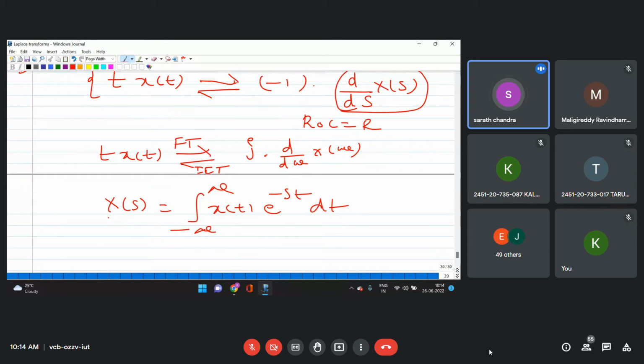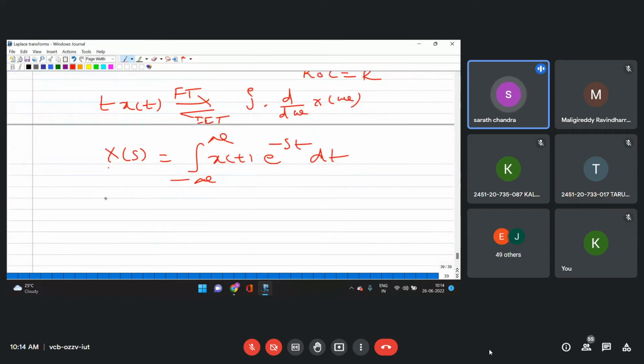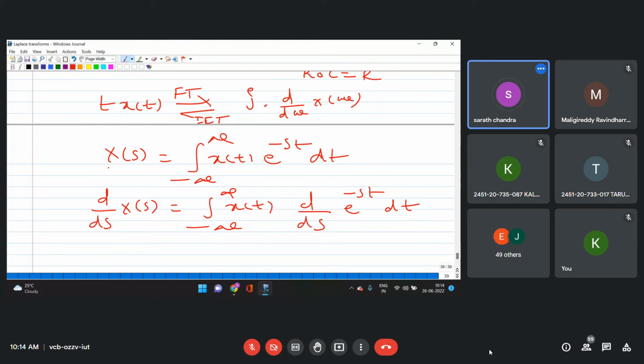So what we do here is differentiate both sides with respect to s: d by ds of X of s equals the integral from minus infinity to plus infinity of x of t, and the differential comes here, d by ds of e power minus st dt. This is what we have.